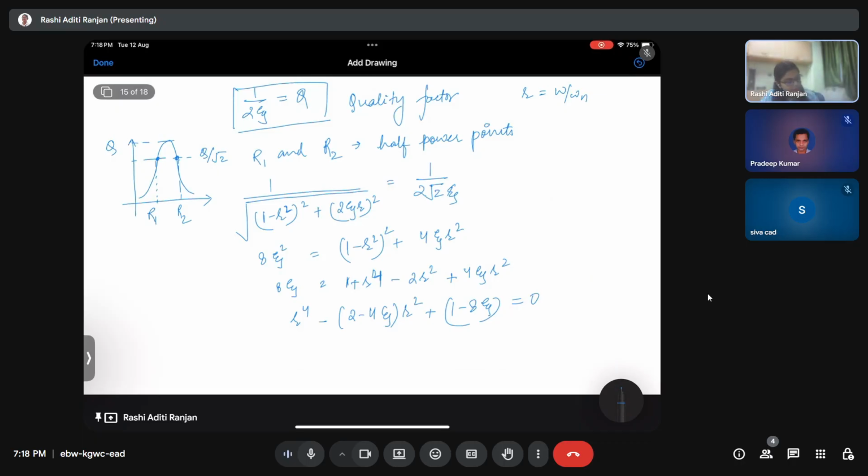If you remember, for an equation of the form ax² + bx + c = 0, the roots are given as (−b ± under root of b² − 4ac) divided by 2a.